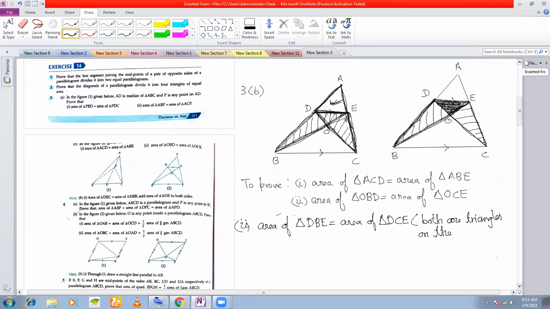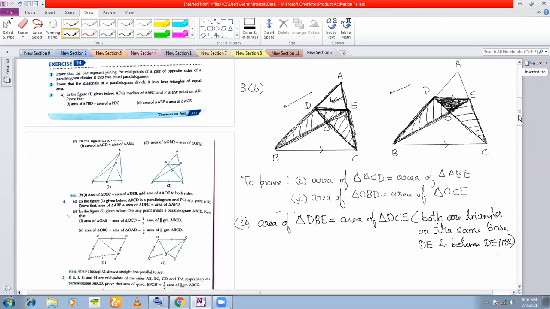No, you write the statement. Not as proved above. We are not using the proof of the above. As we started here, we are starting here also, the same way. Both the triangles are on the same base DE and between the same parallel lines, DE parallel to BC.